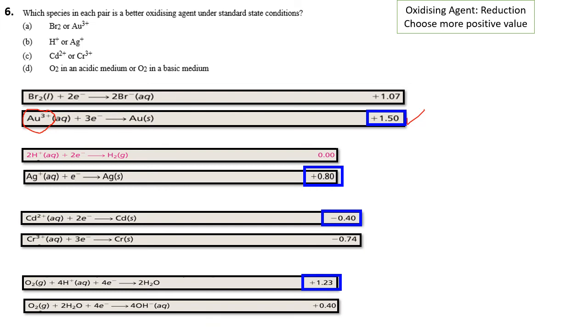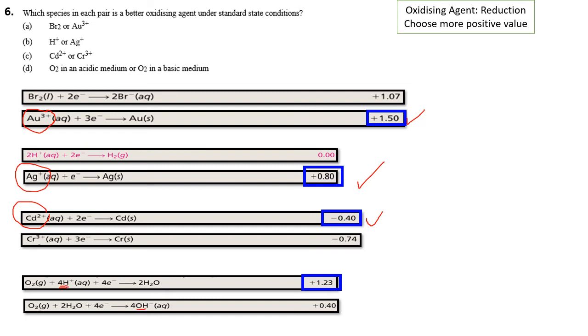If you still remember, when comparing in terms of standard reduction potential, always refer to the reactant. In this case, this one is more positive, so this is the better oxidizing agent. And then this one, even though both have negative values, when we compare, this one is more positive, so Cd2+ is a better oxidizing agent for C. And then D, this is acidic medium, H+.